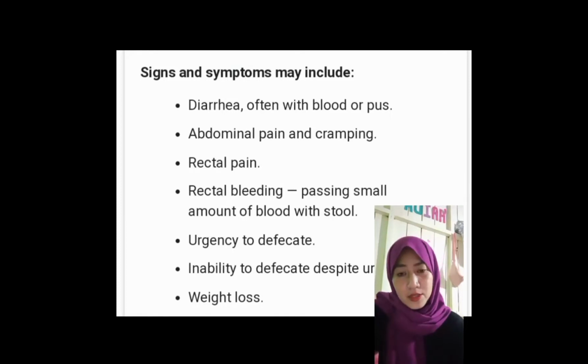The symptoms of ulcerative colitis are diarrhea, abdominal pain and cramping, rectal pain, rectal bleeding, passing small amounts of blood in stool, urgency to defecate, inability to defecate despite urgency, and weight loss.